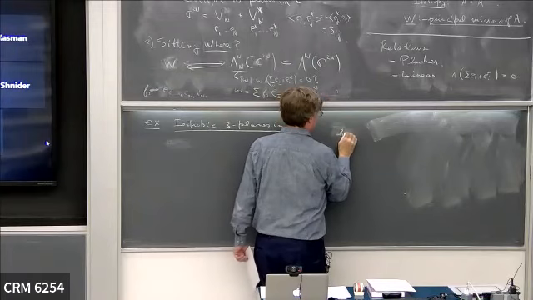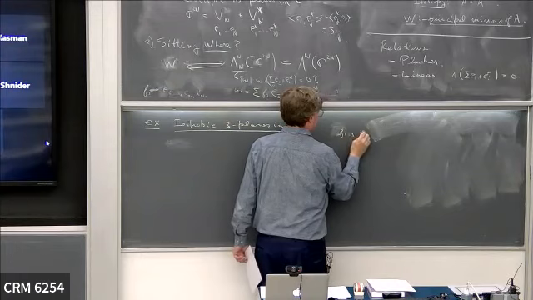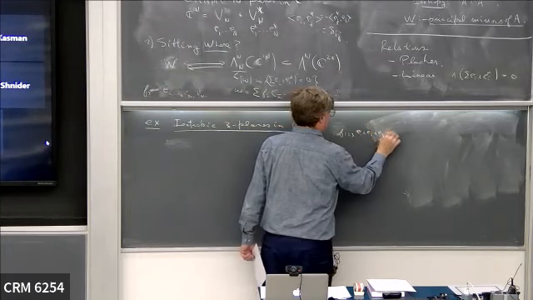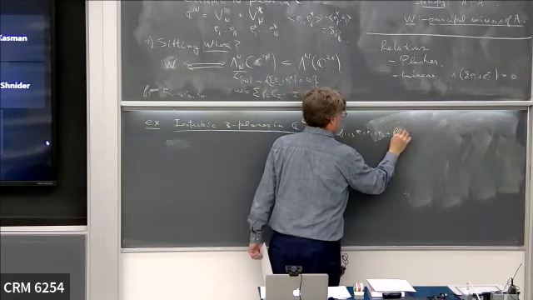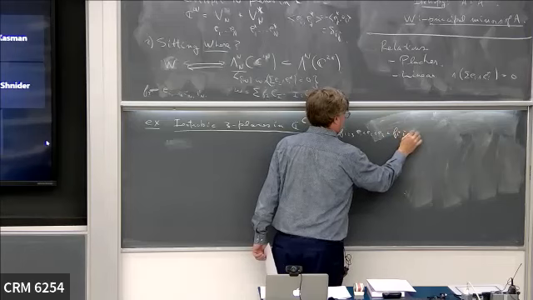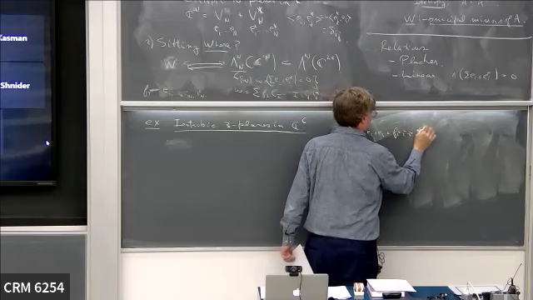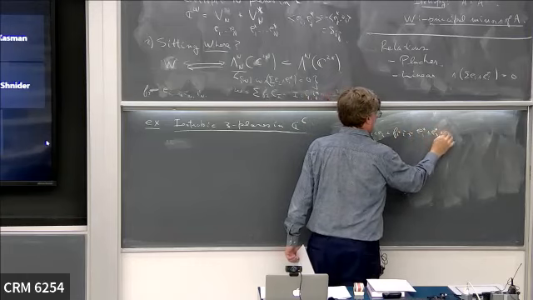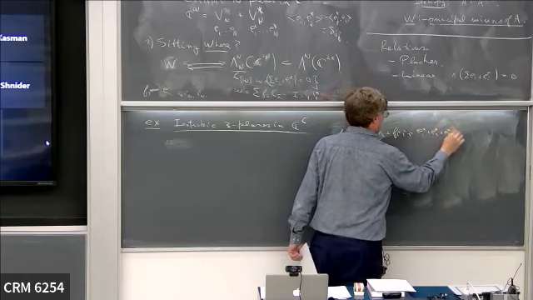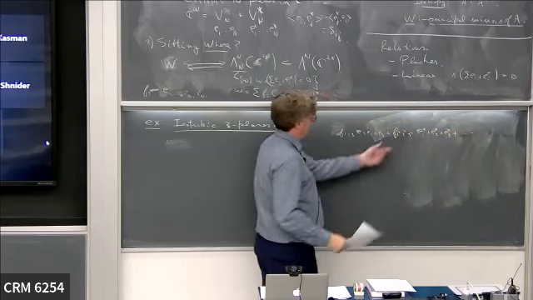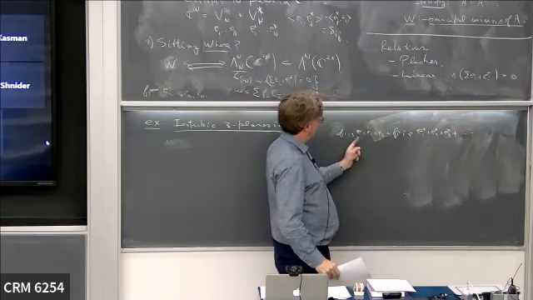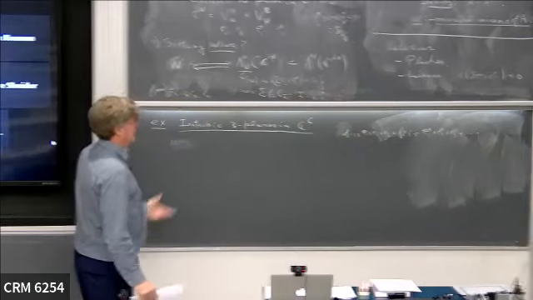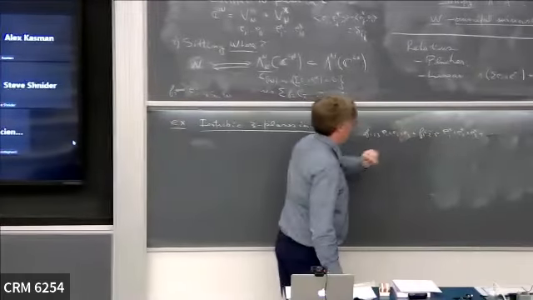I'm going to write it, say, as F1,2,3 E1 wedge E2 wedge E3, plus F1 star,2 star,3 star E1 star wedge E2 star wedge E3 star, and so on. So the indices are either starred or unstarred, and you write out an arbitrary element.